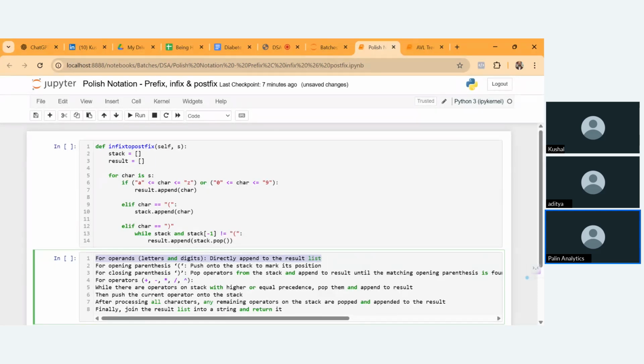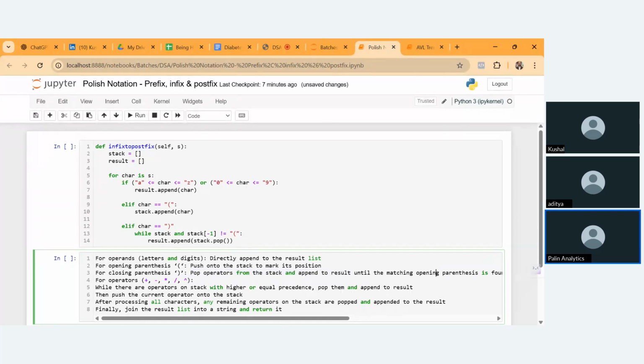When anywhere you encounter the opening bracket, the opening bracket will be pushed into the stack array. And as soon as you encounter any closing bracket, you have to pop operators from the stack and append them to the result until the matching opening parenthesis is found.